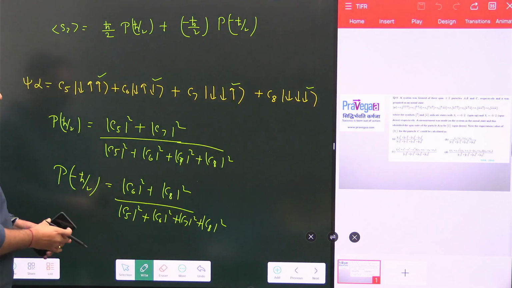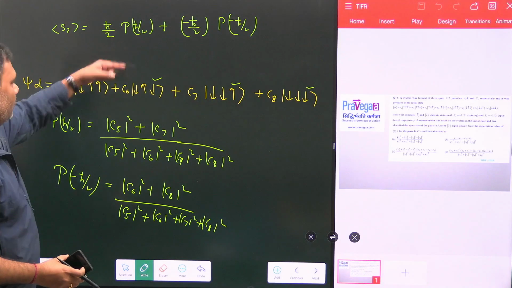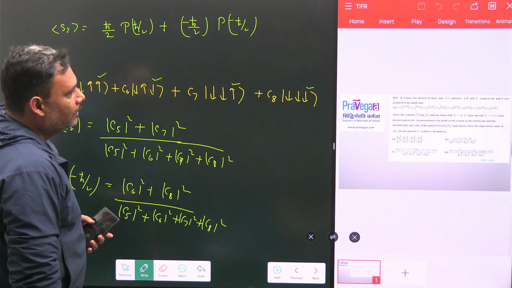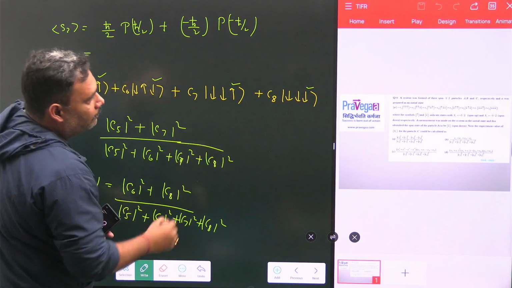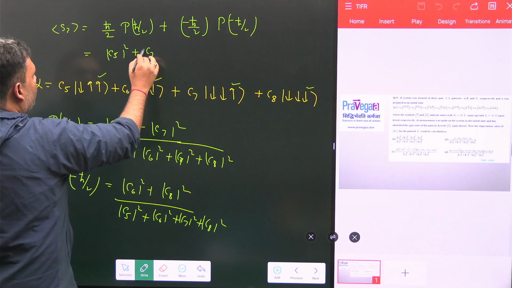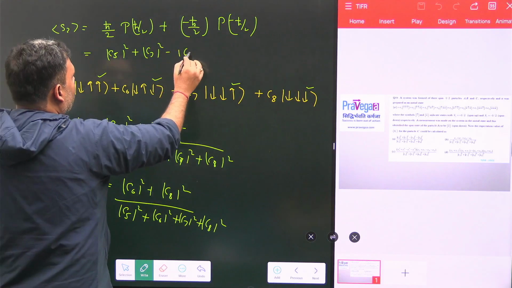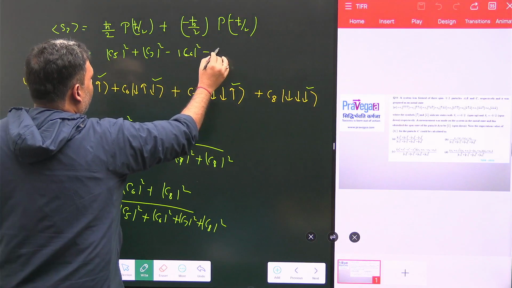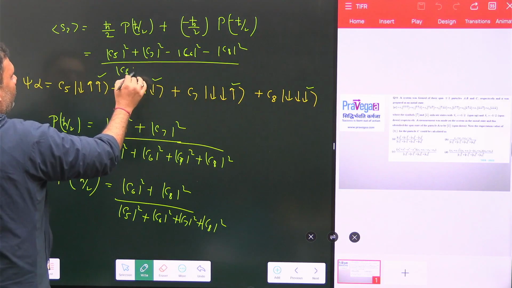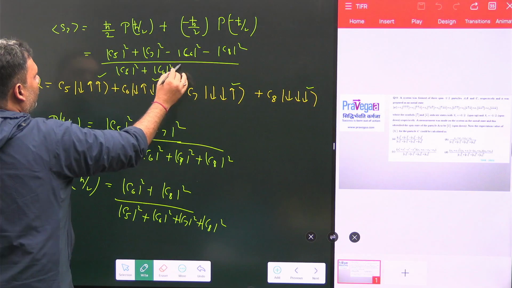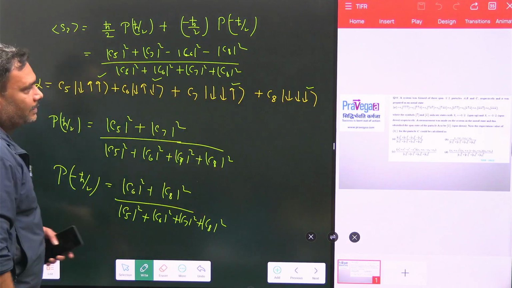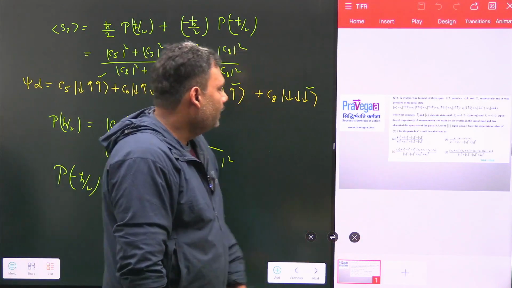When we go for that, the value is mod C5 square plus mod C7 square minus mod C6 square minus mod C8 square, divided by mod C5 square plus mod C6 square plus mod C7 square plus mod C8 square. So option number A is the correct answer.